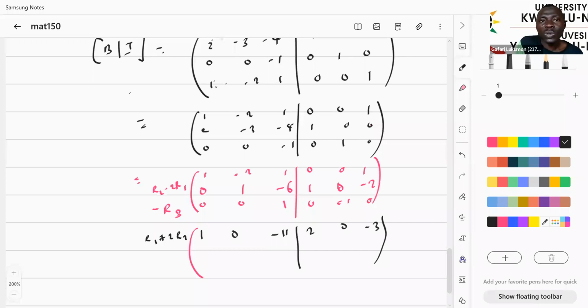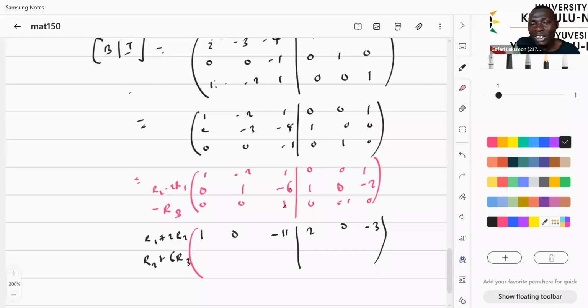Okay, now this one, we're supposed to have 0 here before. You are supposed to have 1 here, and this one should be 0. How do you make this guy 0 as well? What if you say R2, that is row 2 here, plus 6R3?